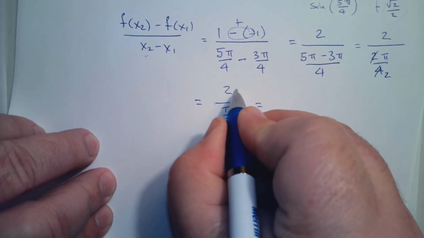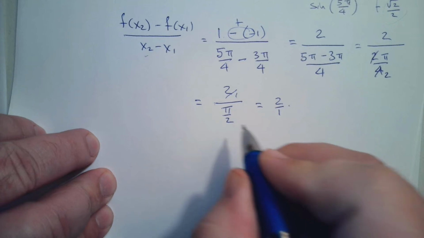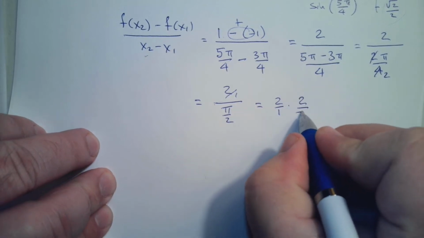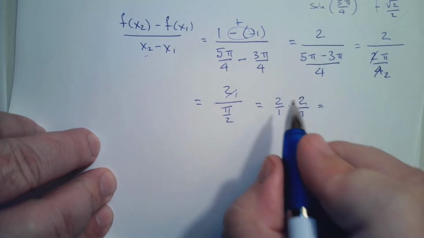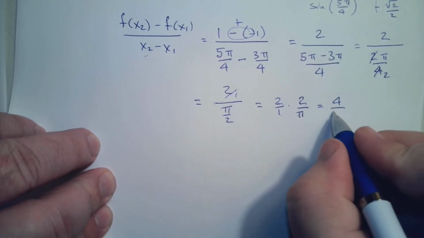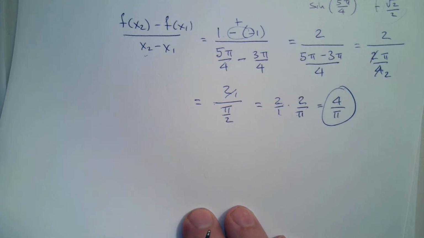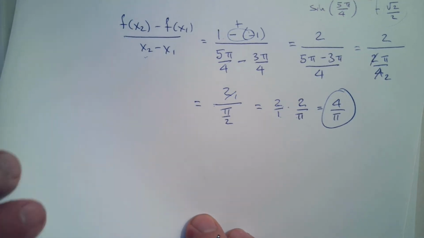Take the top fraction, which is 2 over 1, multiply by the flip of the bottom, 2 over pi. Nothing cancels, so 2 times 2 is 4, and 1 times pi is pi. So the answer, the average rate of change of that function, is 4 over pi.